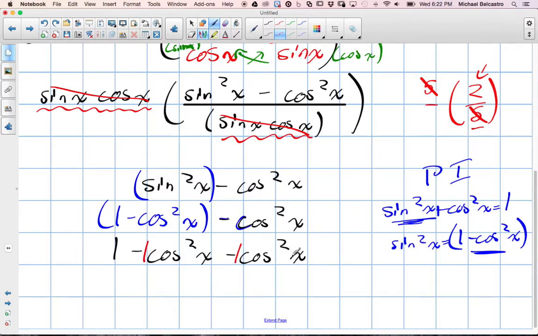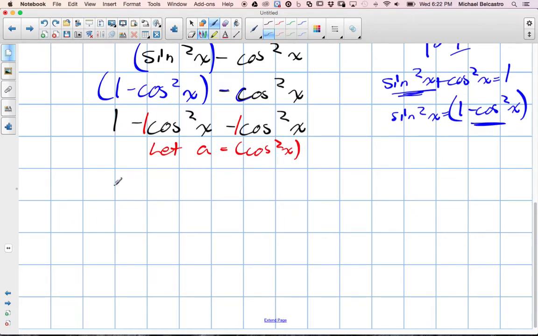If you're unsure, sometimes students would use a let statement. You could say let a equal cos squared x, and it'll make a little more sense. We'd have 1 subtract a, then subtract a again. Well, I know I can go -a minus a, which is going to be -2a, right?